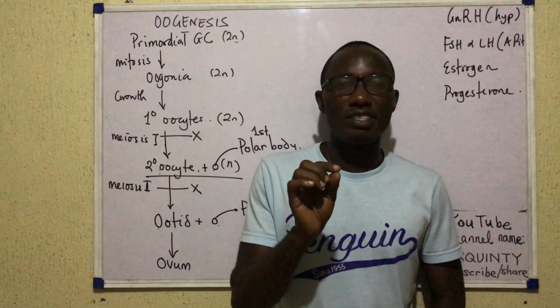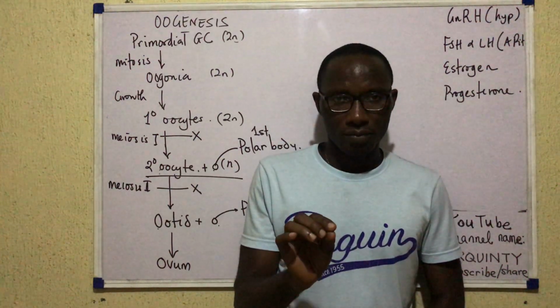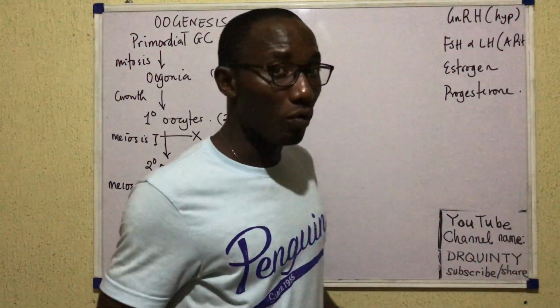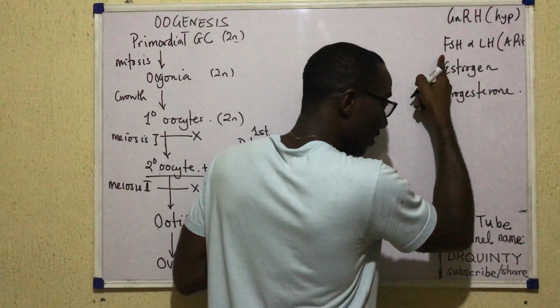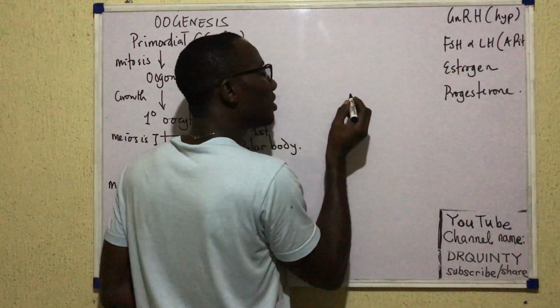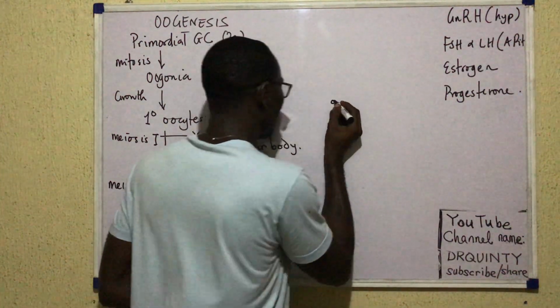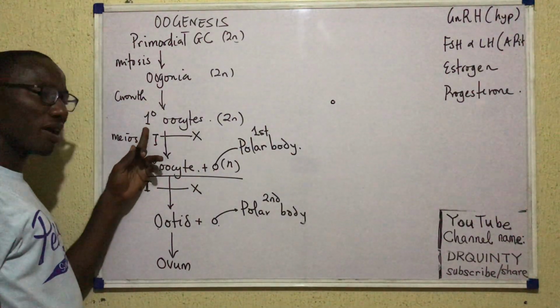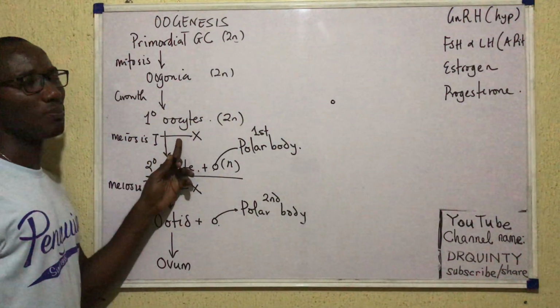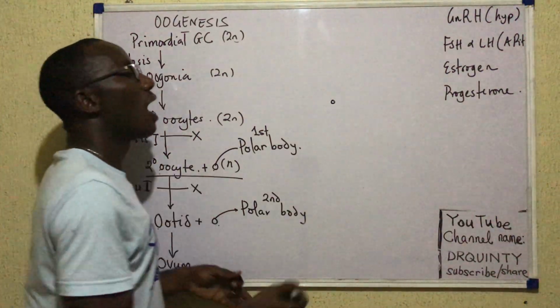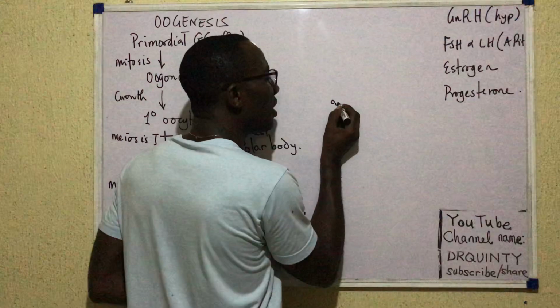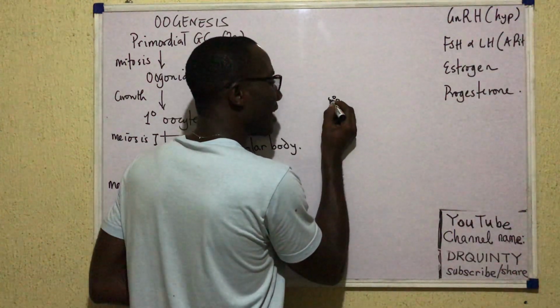When this FSH is produced, it will go to the ovary, and when it reaches the ovary, that's FSH now, it will stimulate the selection of one of these primary oocytes paused at prophase 1 or arrested at prophase 1, and then it will stimulate cells to gather around it.